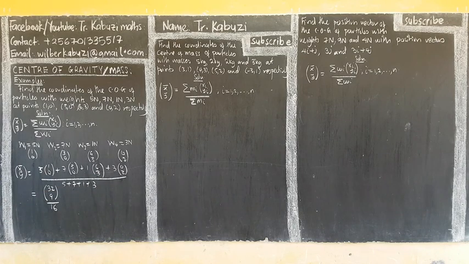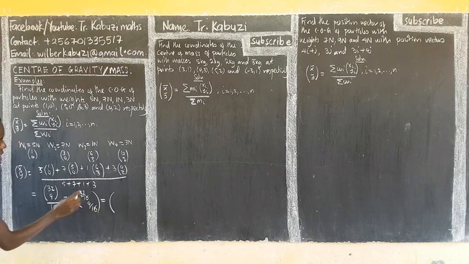Then after, feel free to separate. If you separate, you get 32 divided by 16, then you also get 9 divided by 16.